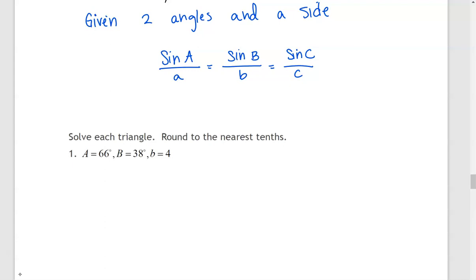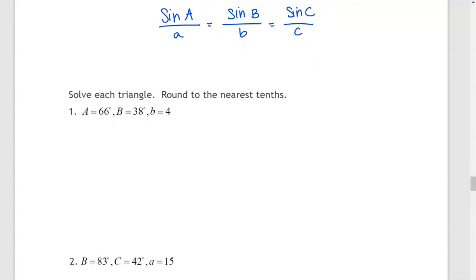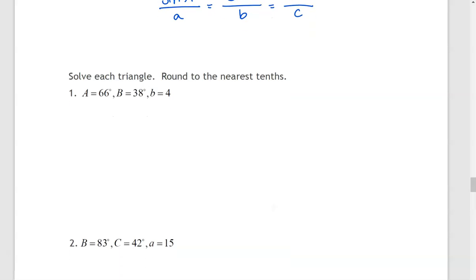We wouldn't set up all three because you can't cross multiply with three. If it's A, then we need little a, or we're solving for little a. Or if it's B, then we need little b, etc. And then we can work our way through finding the rest of the triangle from there.